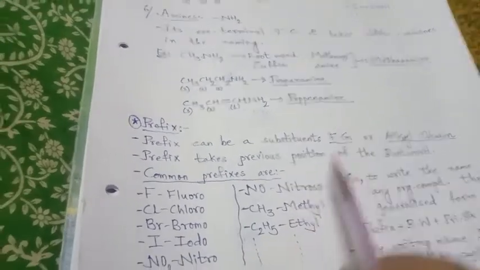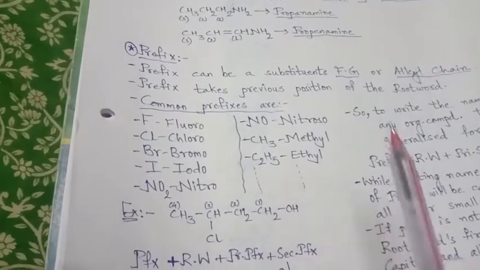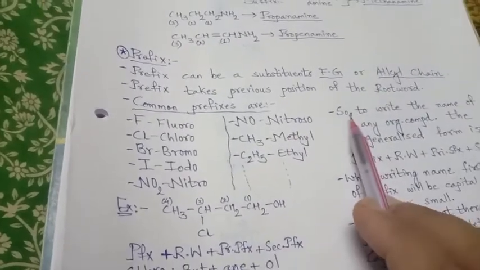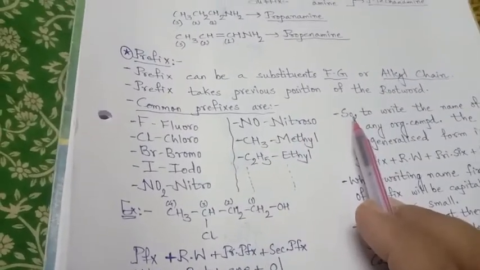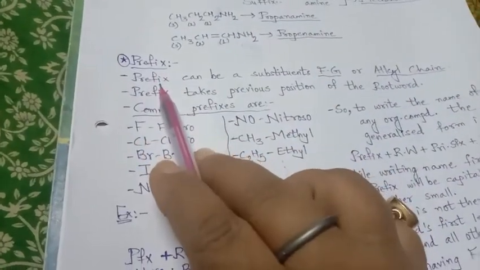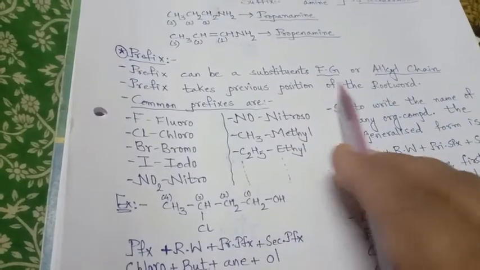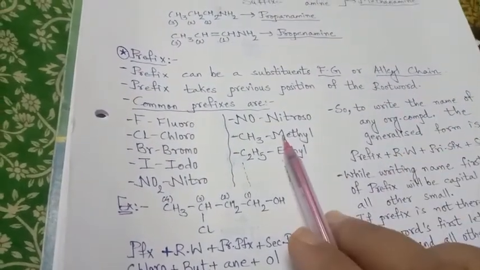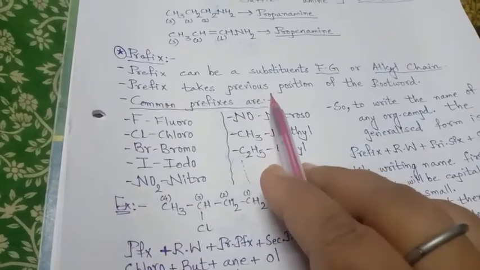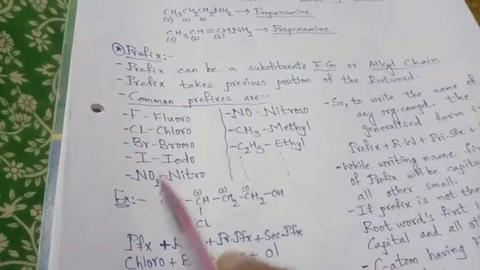Clear? Now certain functional groups become non-main groups, or they are substituents, or they are alkyl chains, then they will take position as prefix. So a prefix can be a substituent functional group or an alkyl chain. A prefix takes the position previous to the root word.